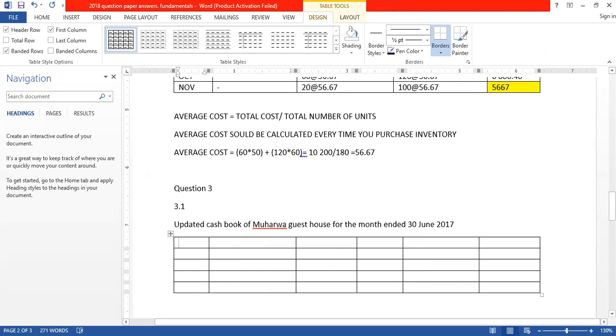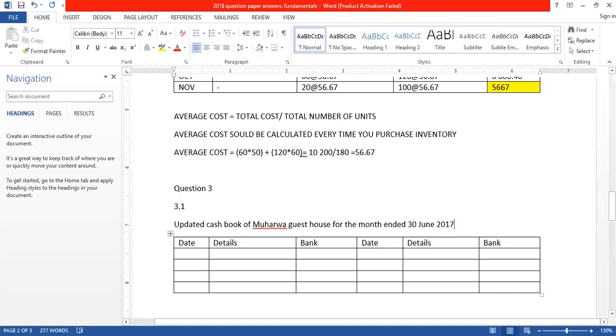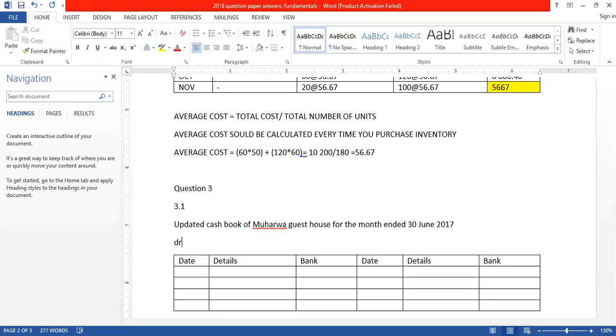Okay, date, bank, okay. Now this side of the cash book is the debit side, ne?